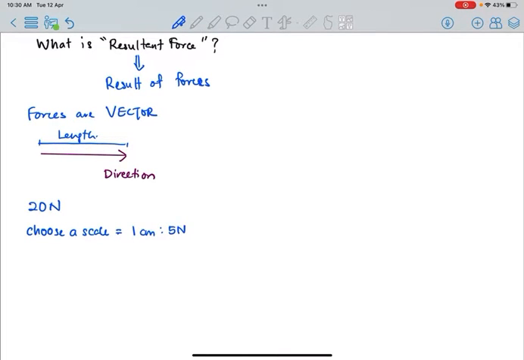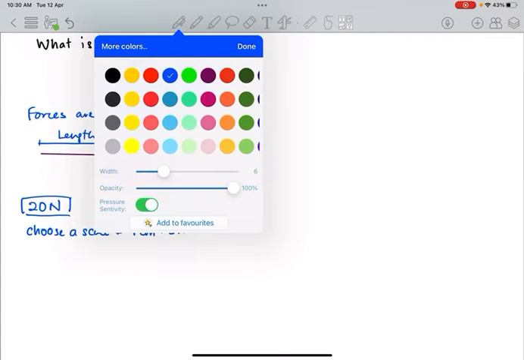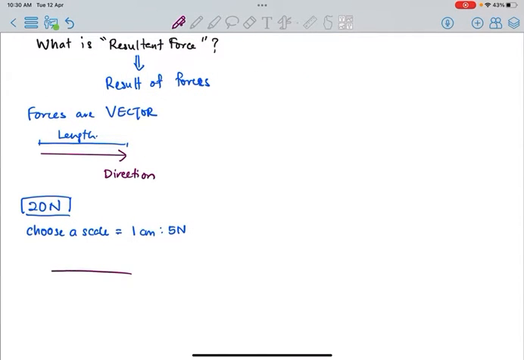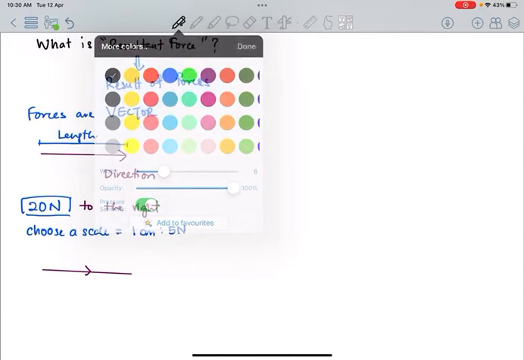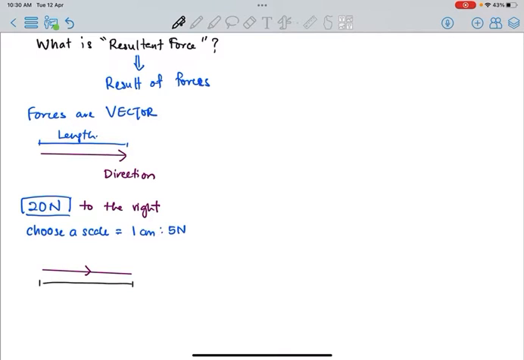That means the force of 20 Newton can be drawn with a line of 4 centimeters in length, and if the force is acting to the right, we draw an arrow on the line pointing to the right. So this line and arrow is a vector which represents the 20 Newton force.